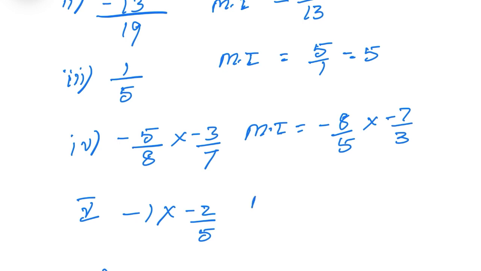Next, multiplicative inverse of the next one, minus 1 into minus 2 by 5. This one also like that. First one, minus 1 means its multiplicative inverse is minus 1 by 1. Yes. Into minus 2 by 5. Its multiplicative inverse is minus 5 by 2.